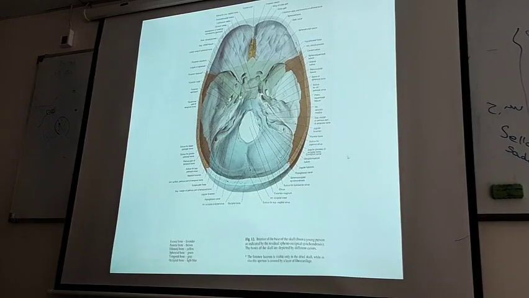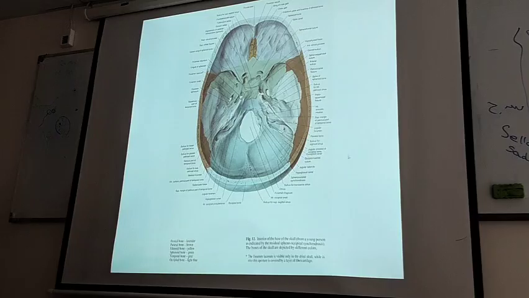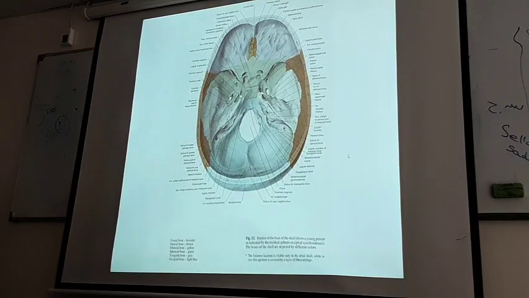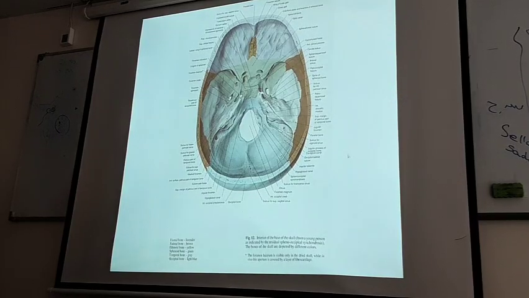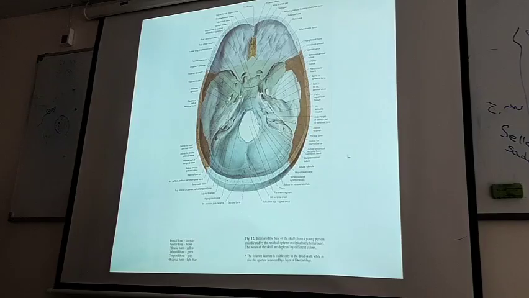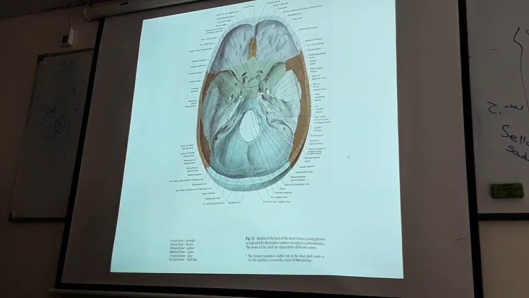Repeat the question. When a traumatic person has a fracture of the carotid sulcus or the lateral surface of the body of the sphenoid, which component is injured?